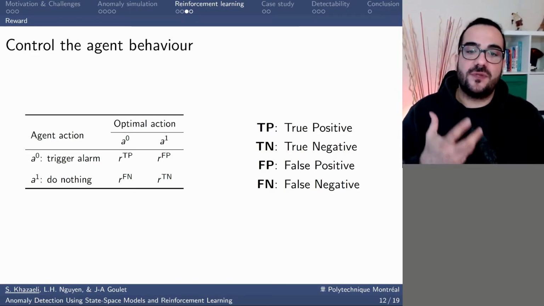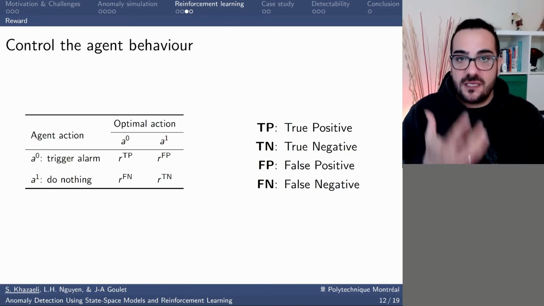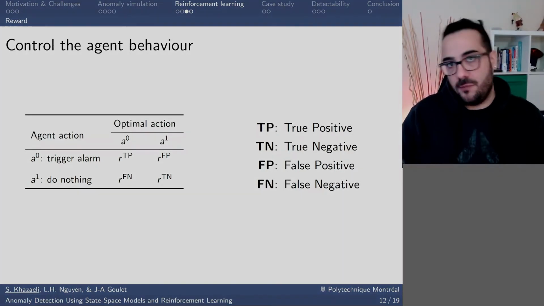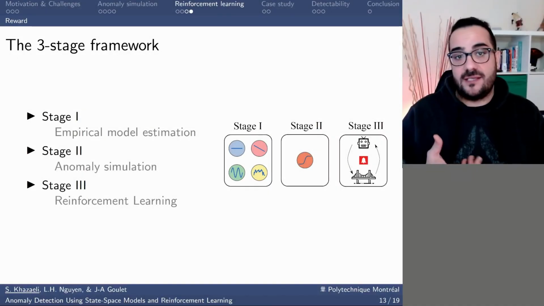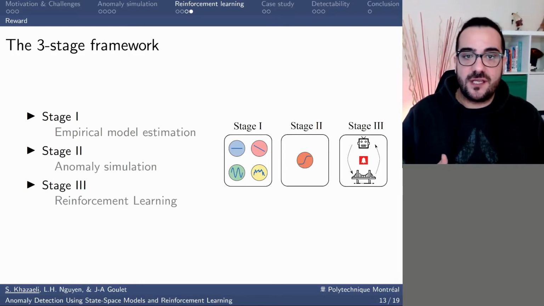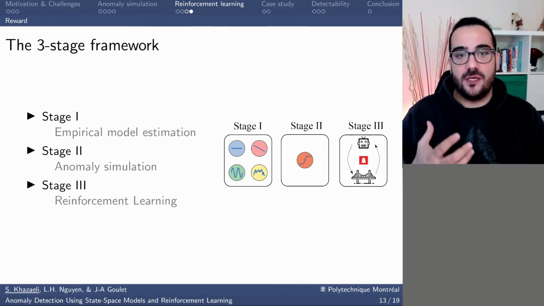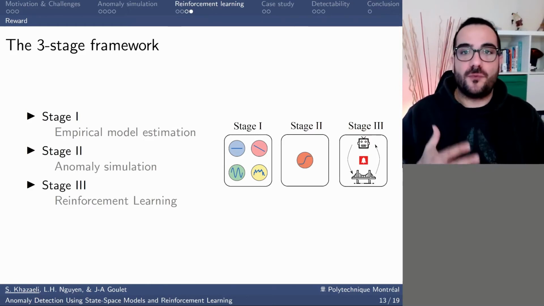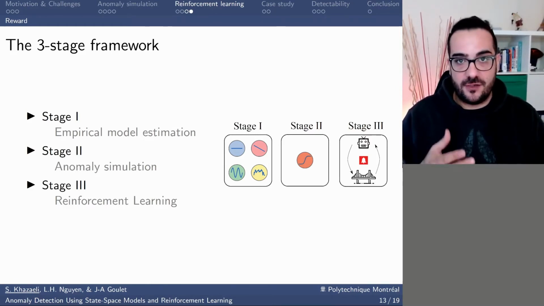So let's wrap up this work in the form of a single generic framework that is applicable in real-world problems. As you can see, the framework includes 3 stages. In the first stage, we build an empirical model to estimate the underlying dynamics of the structural responses along with the probability of non-stationary regimes.